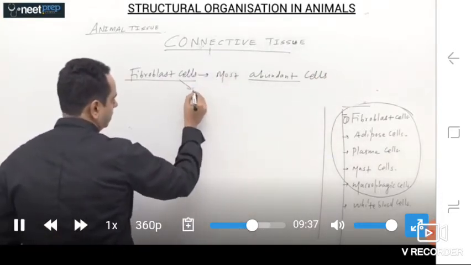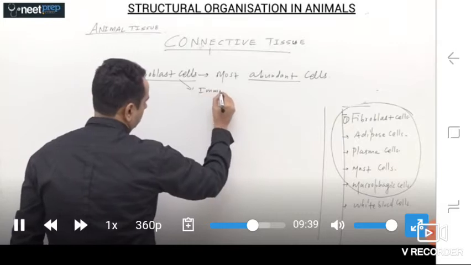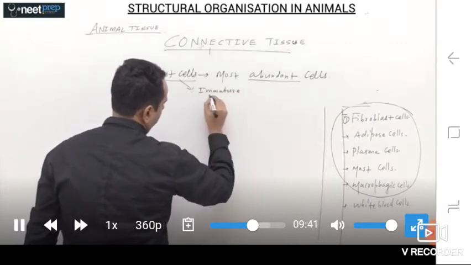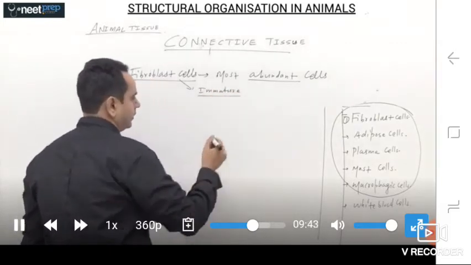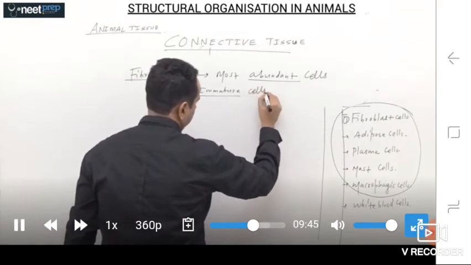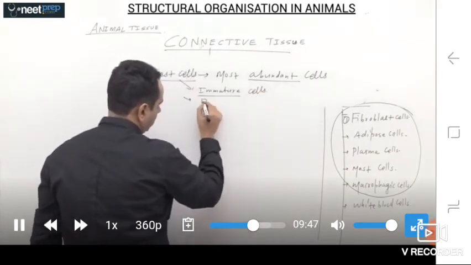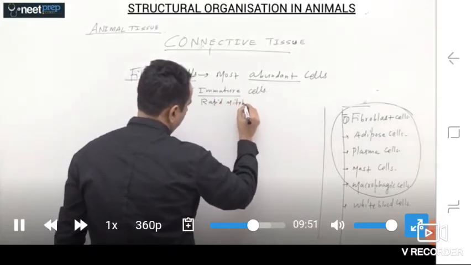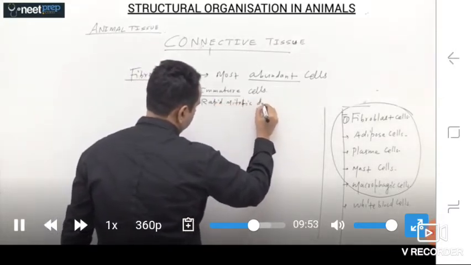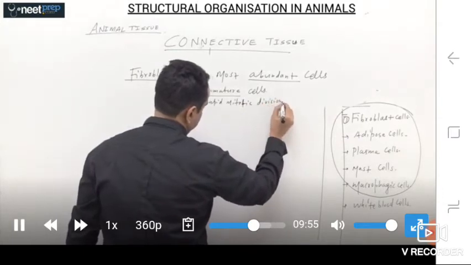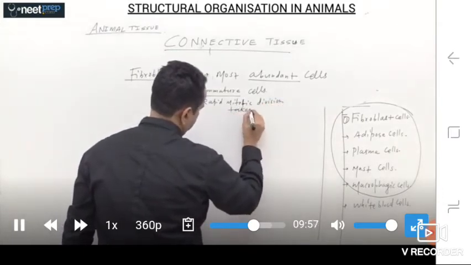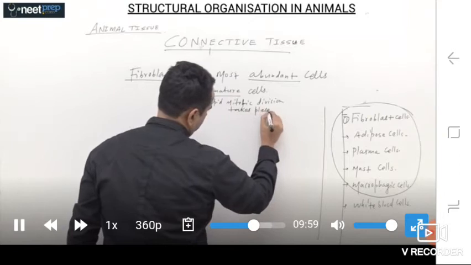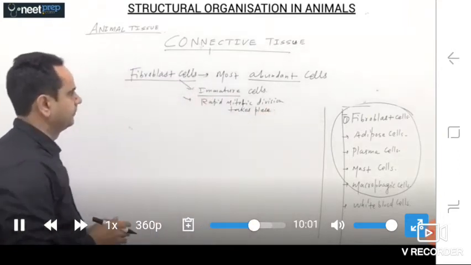These are immature cells in which rapid mitotic division takes place.